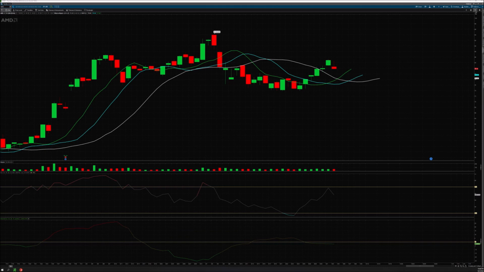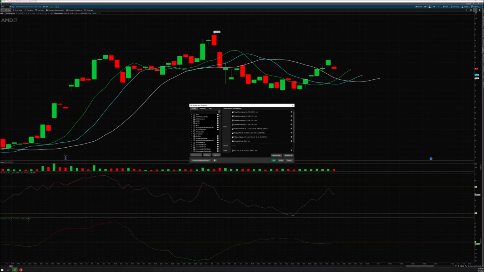Also, they have the price oscillator. It looks similar to it too.